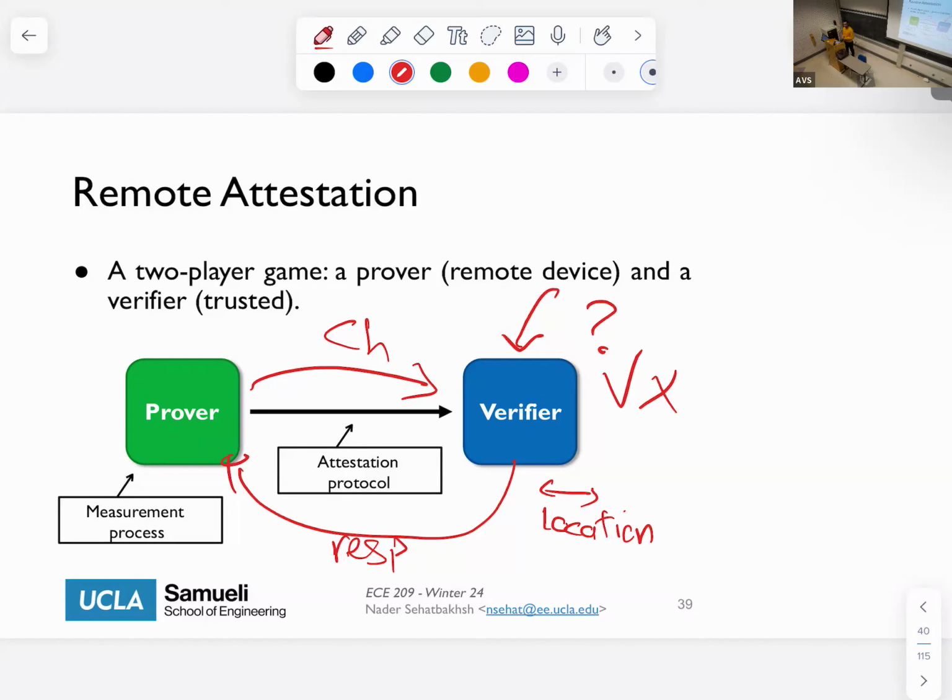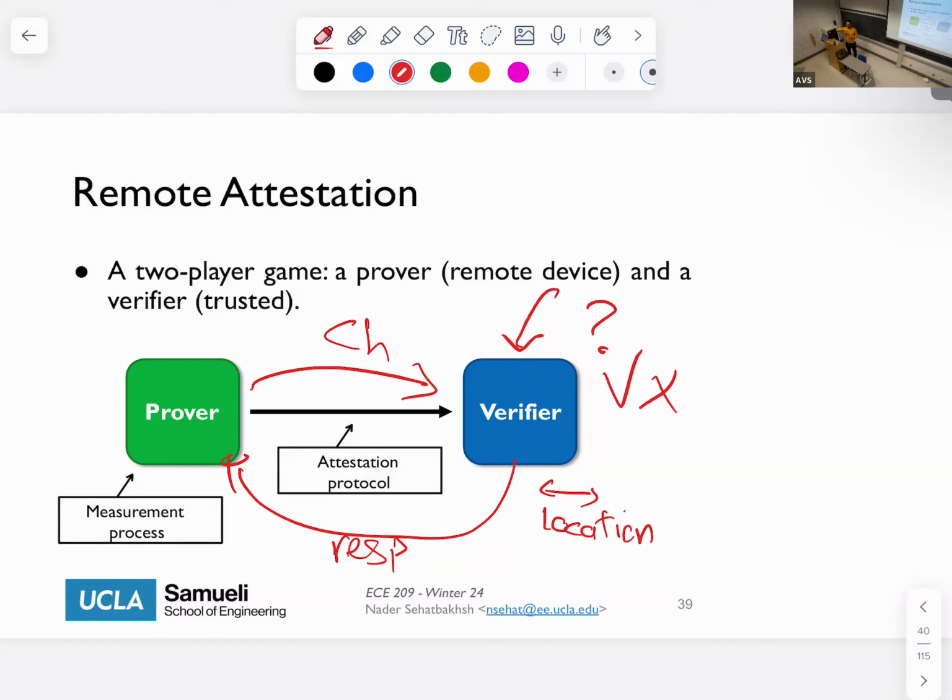Prover in question or verifier in question? Prover in question. So the prover wants to prove, the verifier wants to verify. You trust the verifier, and the prover is the remote.